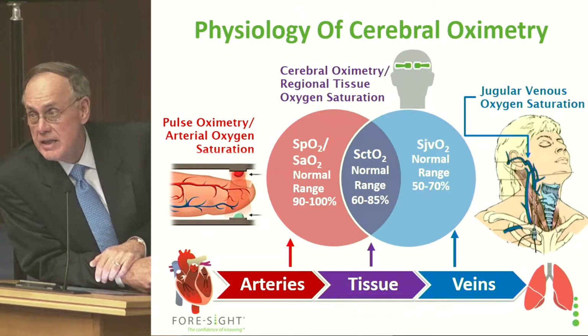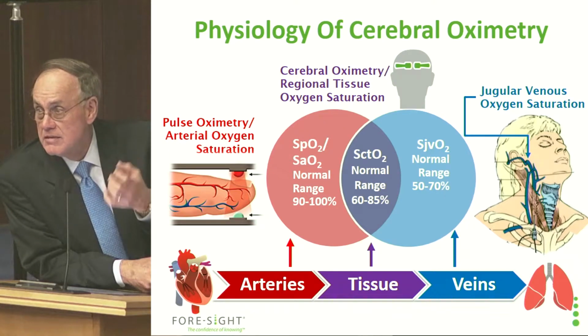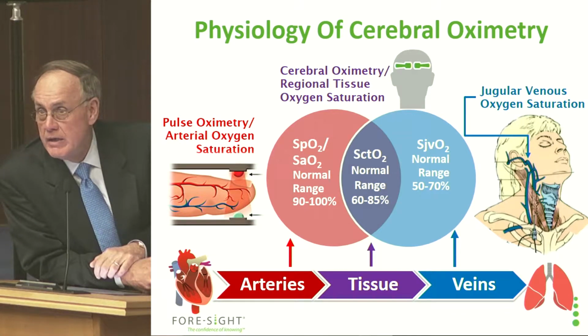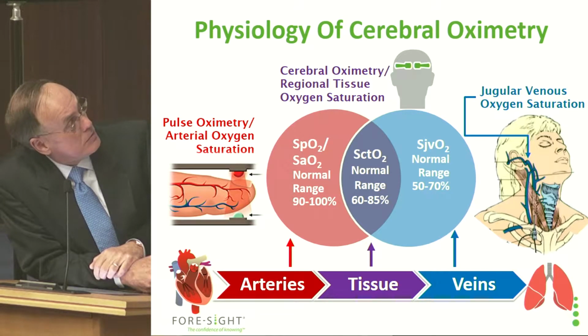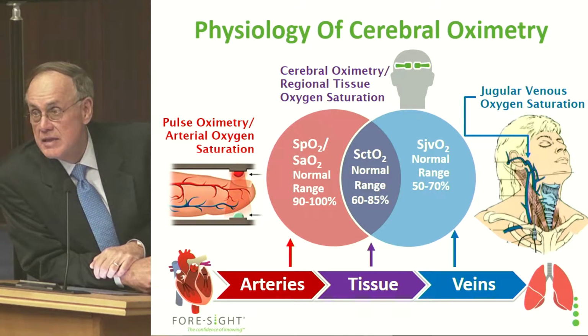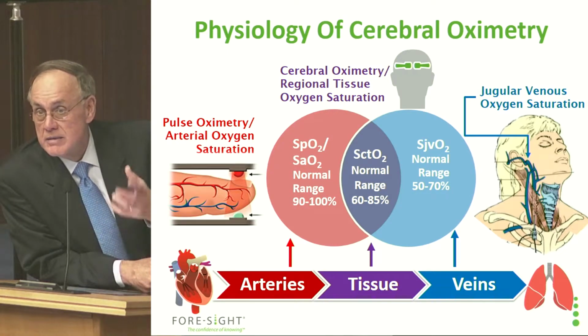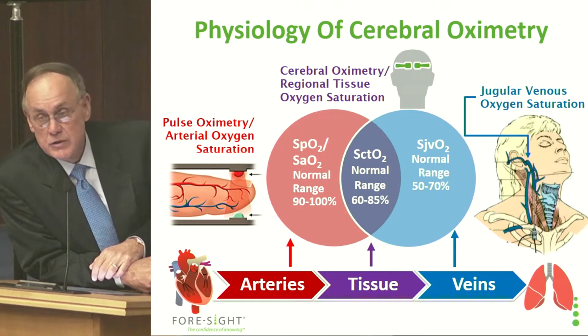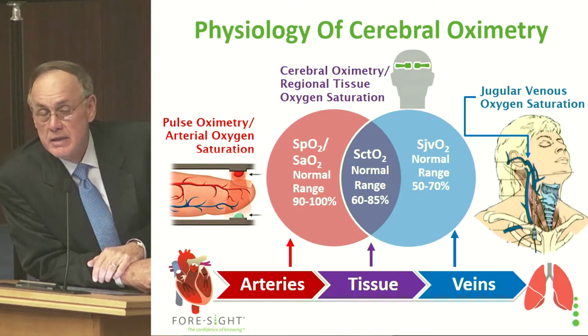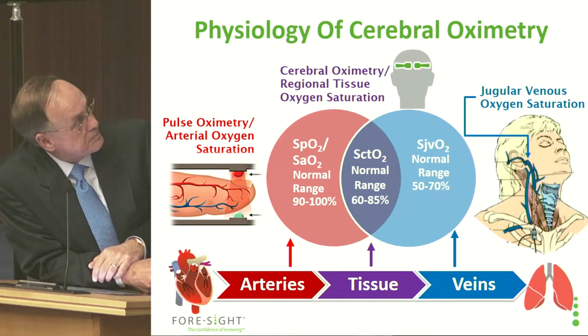This would allow us to get an actual venous sample of blood from the brain only. The normal range for the jugular bulb is approximately 50 to 70%. The brain is a high oxygen consumption organ. It's the highest in the body, and the saturations are typically lower than venous saturations in other parts of the body.